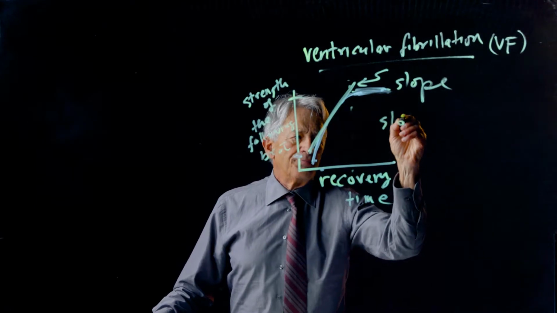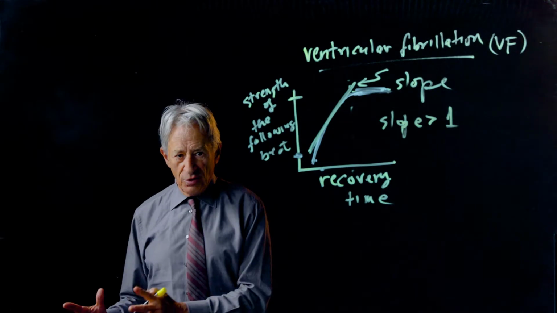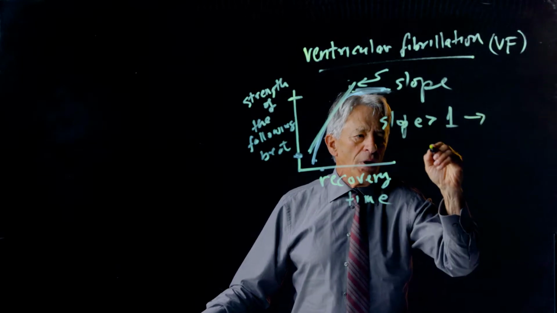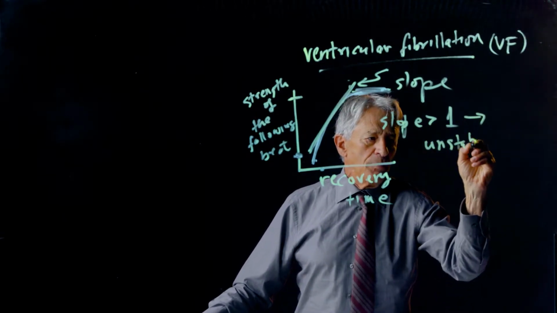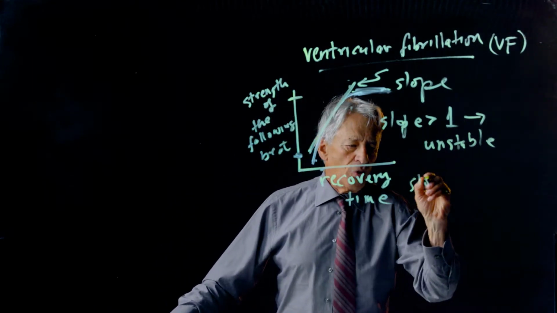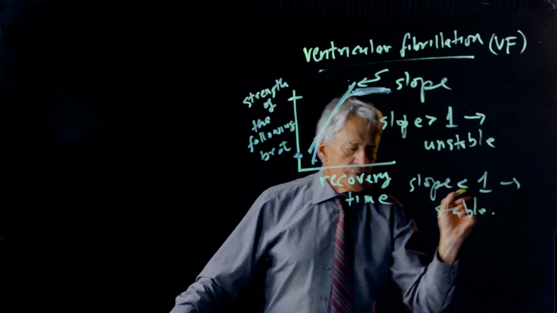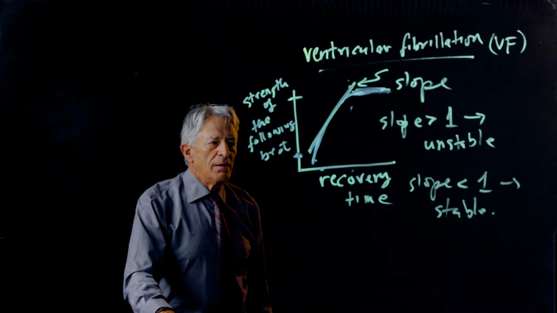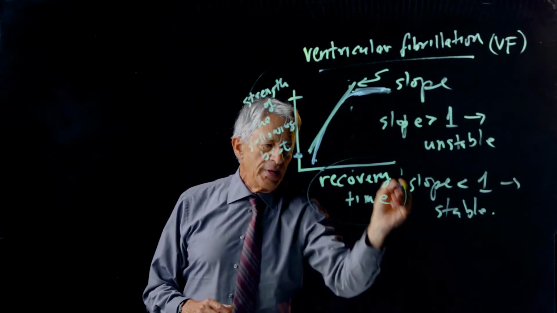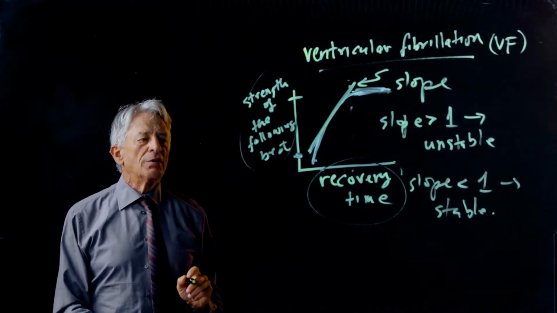In particular, if the slope is greater than 1, and this is now going back to our whole discussion about discrete time dynamical systems, it's going to be unstable, and it's going to produce irregular beating. And if the slope is less than 1, it should produce stable beating. So we're able to measure this curve in the heart, and then we looked for a drug.